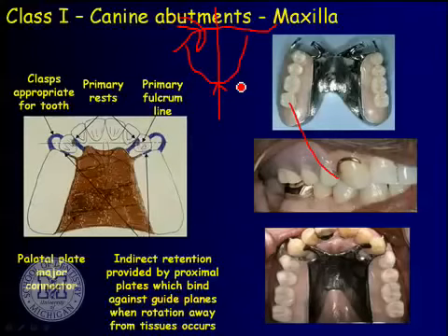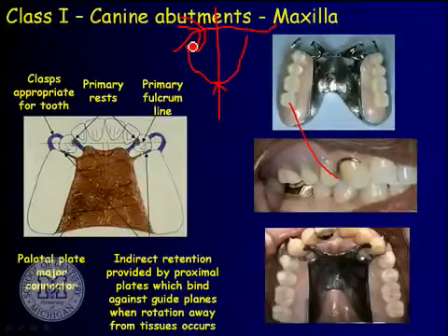Again, when you're surveying these casts, the whole idea about trying to reshape the labial aspect of the tooth to get the height of contour as low as you can toward the gums. I'd like my 10,000ths of an inch of undercut to happen ideally about 0.5 millimeters from the gums. Because can you see, the closer you get your clasp to the gums, two things happen.